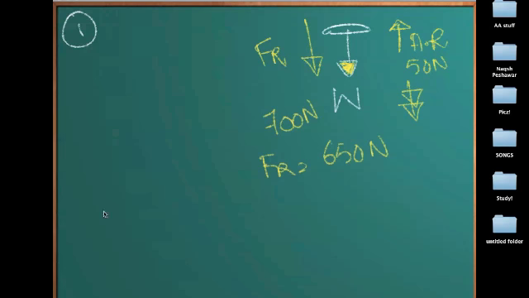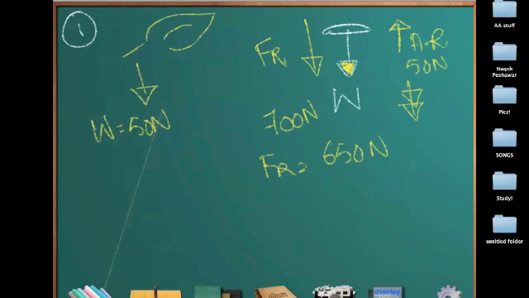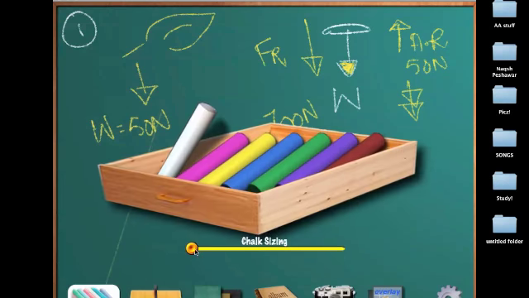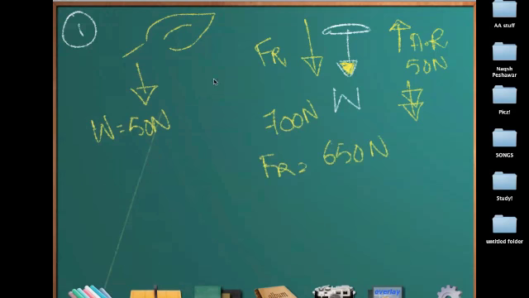However, let's take the case of a feather. Let's say this is a feather. What happens? Why does it float in air? That is because its weight is very small. Let's say its weight is around 50 newtons. And when you drop it in air, there is an air resistance acting on it in the upwards direction.